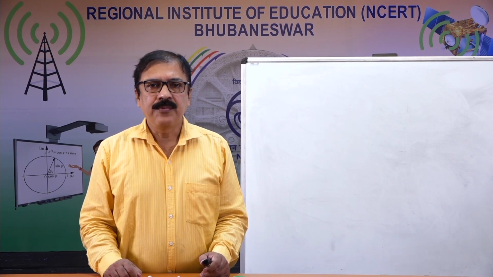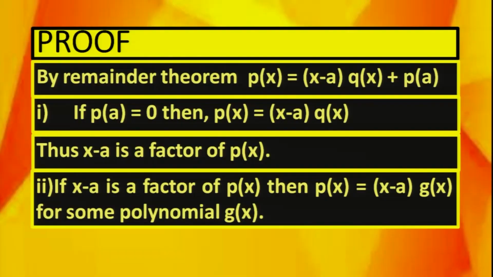Now, if we take x minus a as a factor of P(x), then we can express P(x) in terms of the remainder theorem as P(x) equal to x minus a into some quotient polynomial g(x).